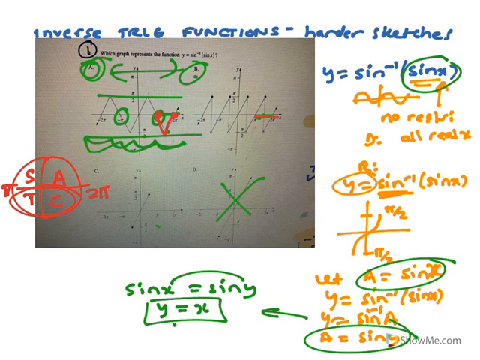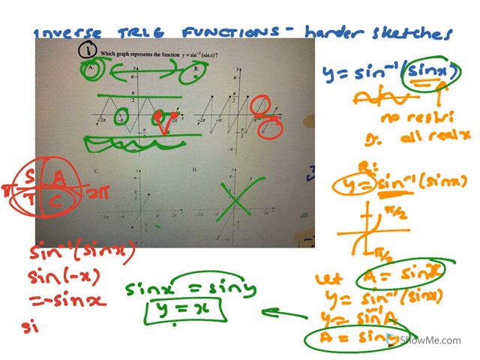Sine the minus 1 of sine x is also an odd function, because sine of minus x equals minus sine x, so that would be sine the minus 1 of minus sine x, and the same thing happens with that one too. So it turns out to actually be like an odd function, so that's another reason why it would be a.